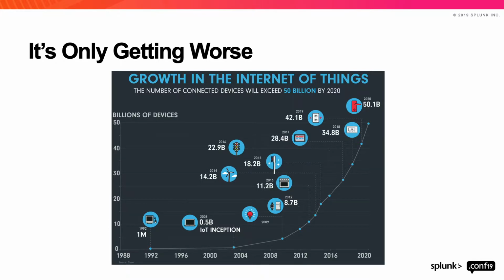This is a diagram we picked up. If you think back to the early 90s, late 80s, the number of devices that any organization had were very, very few. So just doing basic alert management was not that difficult.